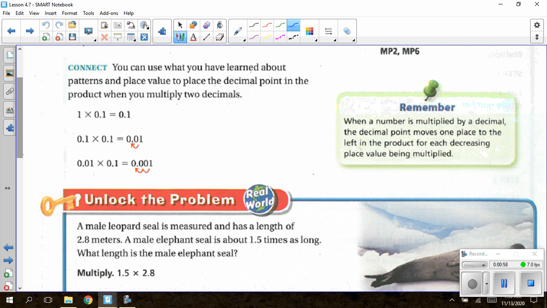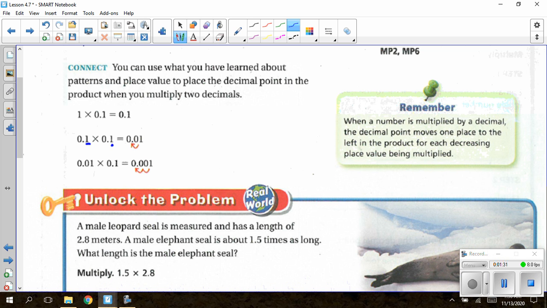So back when you did lesson 4.1, where we were multiplying and swooping our decimals, we knew that when we took any number times 1, it would always give us that same exact number. So if I take 1 times 1/10, that does equal 1/10. Now, if I take 1/10 times 1/10, I have a 1 digit behind the first 1/10 decimal and another digit behind the next decimal of 1/10.